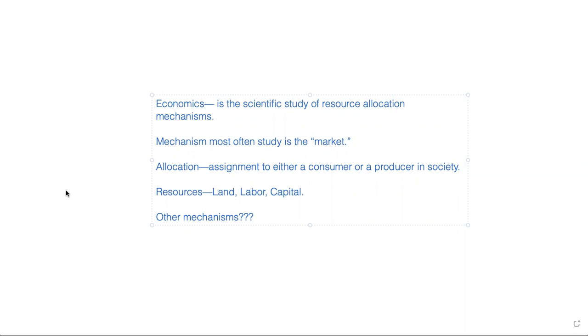If you think about it, in the market, you go down to Target and you buy a pair of AirPods, and that's society saying, okay, Keontae, now you have the right to use these AirPods for your pleasure. You bought them through the market, where the market is just a collection of buyers and sellers. You paid a price.